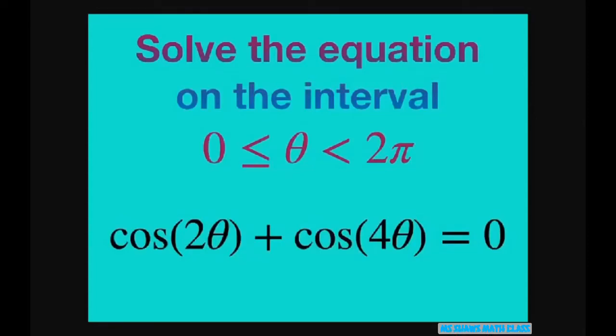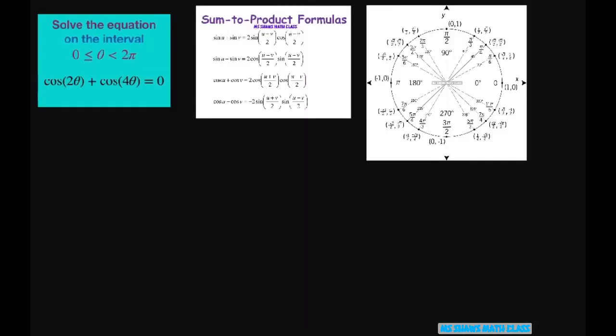Hi everyone, we're going to solve the equation on the interval 0 to 2 pi of cosine of 2 theta plus cosine of 4 theta equals 0. The first thing I'm going to do is to write this sum as a product using my sum to product formula, and I'm going to use this formula here.